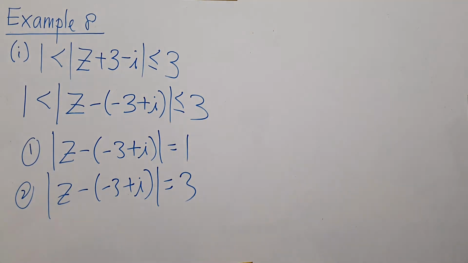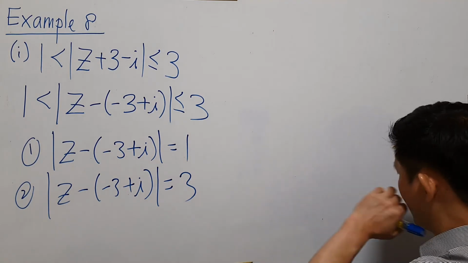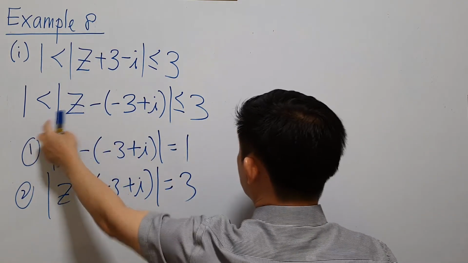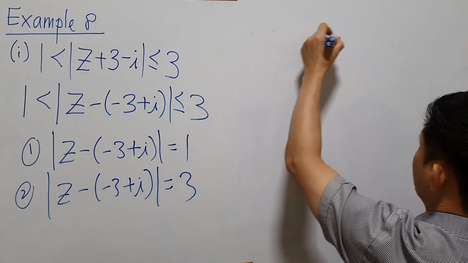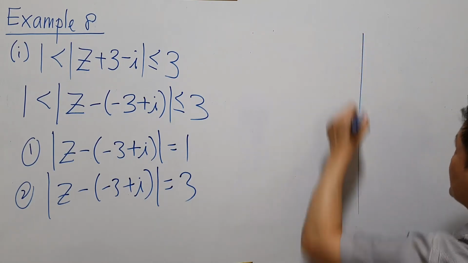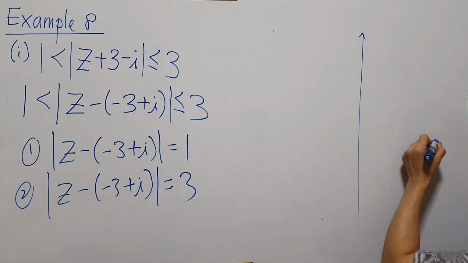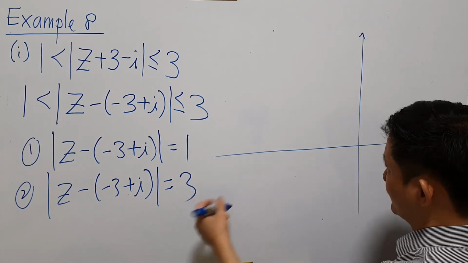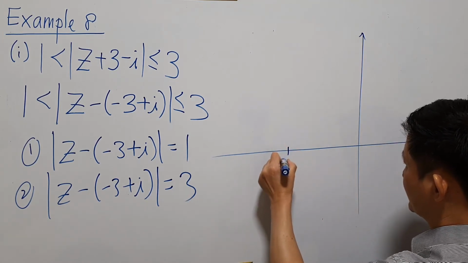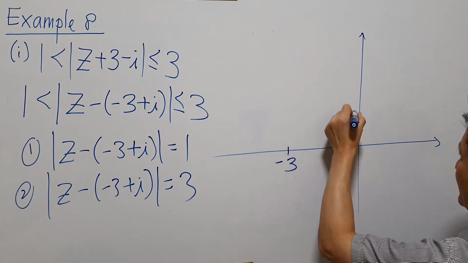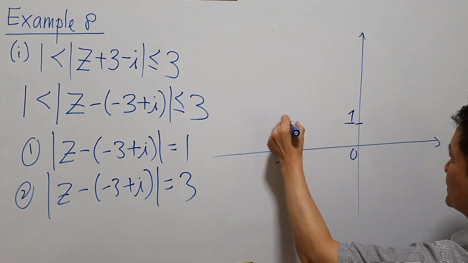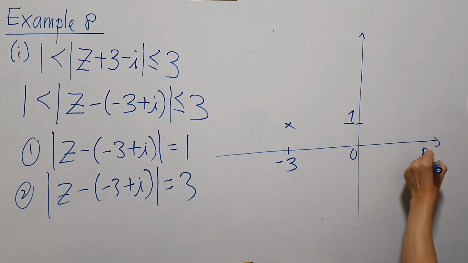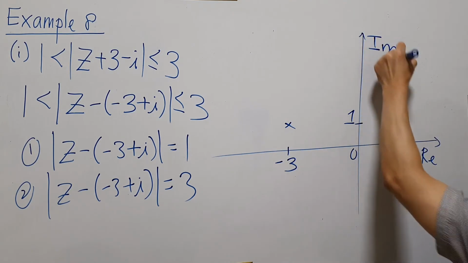So all put together, to find the locus of the point z that satisfies this inequality, let's see what happens. It has to do with the circle at center minus 3 plus i. This is the center, with real and imaginary axes.